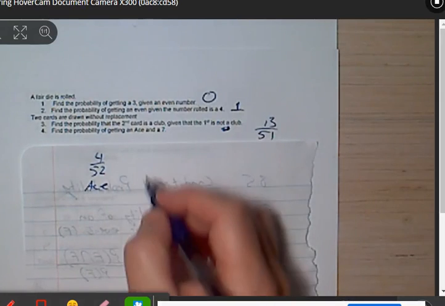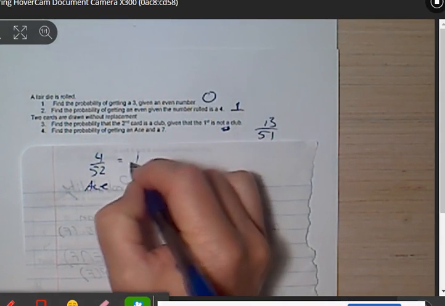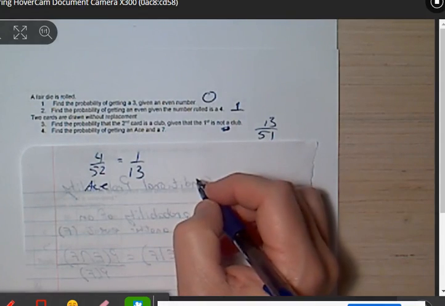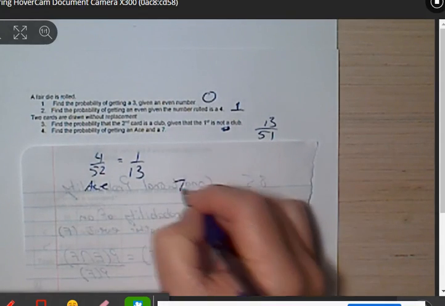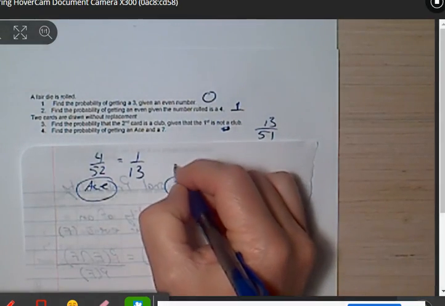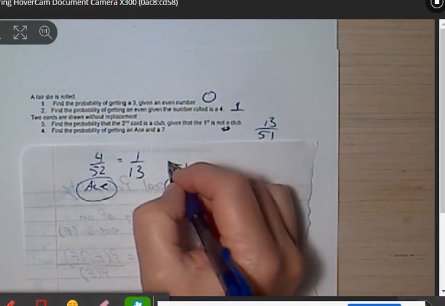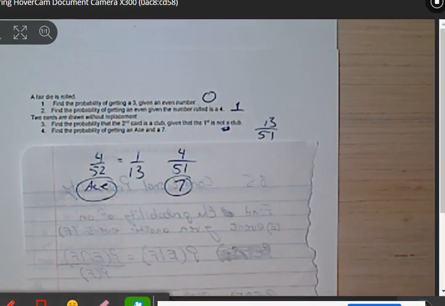If we simplify that down, that would be 1 out of 13 for the ace. To get a 7, again, we're not doing a replacement, so we're down to 51 because we've taken the 1 ace out that we've drawn. There would be 4 7s you could get.